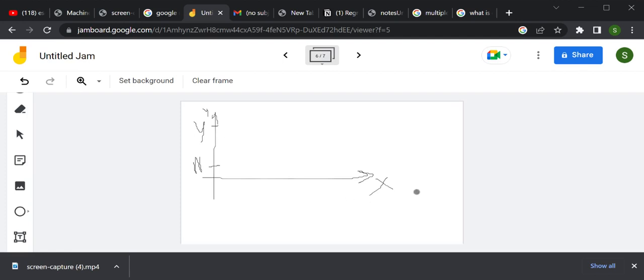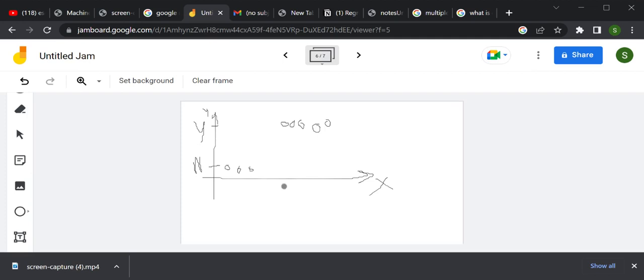So x here is an independent variable, and it is the weight of the human. If the weight of the human is less, there is a probability that the person has no diabetes. But if the weight increases, the probability of having diabetes increases.